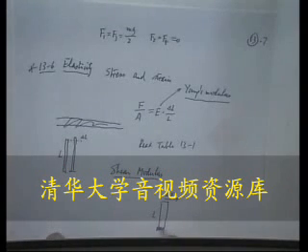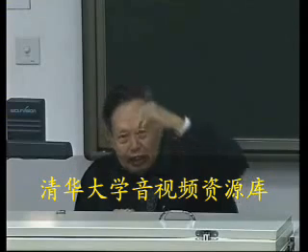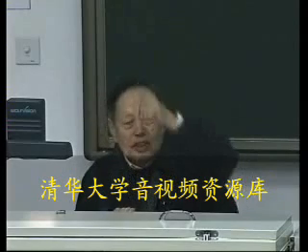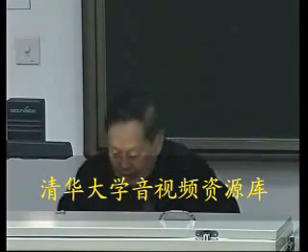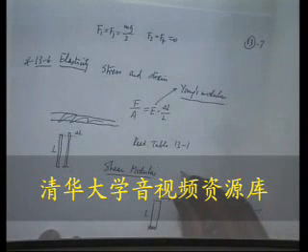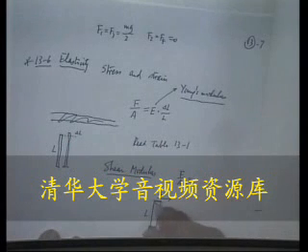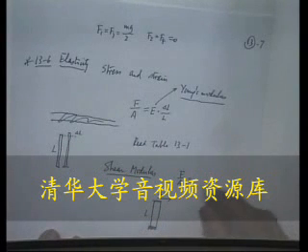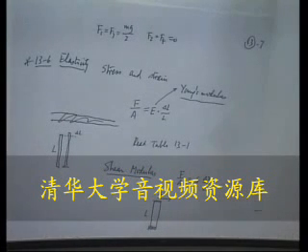This point is clamped, and instead of compressing or stretching it, you shear it, and this distance is called delta x. In that case, the force per unit area is equal to a shearing modulus times delta x over L.